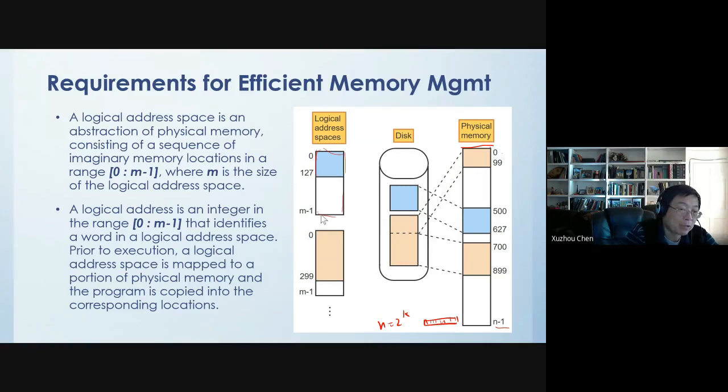So you have to make sure the program is organized in a format similar to the memory structure. The program consists of a whole bunch of instructions. You may load one instruction into one memory location, or in certain cases the instruction size is big, so you need 2 memory words to accommodate one instruction.